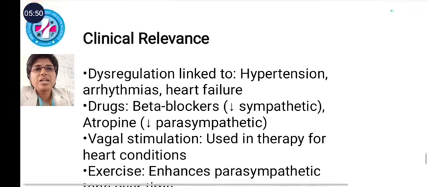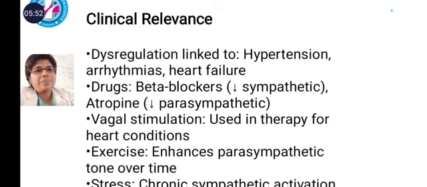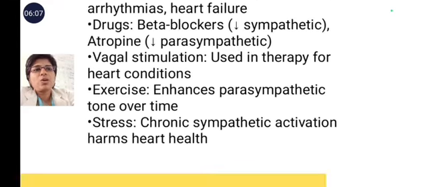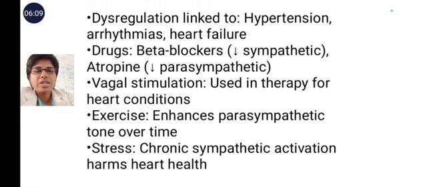The drugs are beta blockers and atropine, acting on sympathetic and parasympathetic systems. Vasovagal stimulation is a therapy for heart rate conditions, and exercise enhances parasympathetic action over time. Stress, through chronic sympathetic activation, harms heart health.